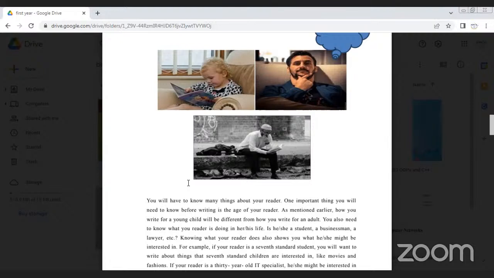You also need to know what your reader is doing in his or her life. Is he or she a student, a businessman, or a lawyer, etc.? Knowing what your reader does also shows you what he or she might be interested in.